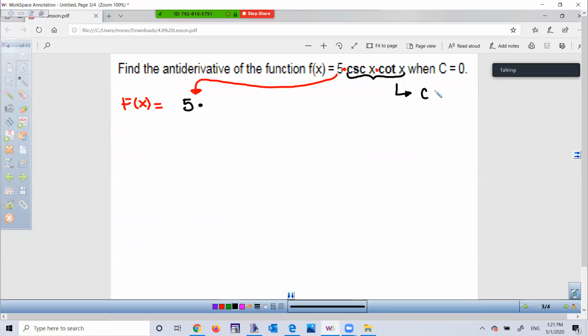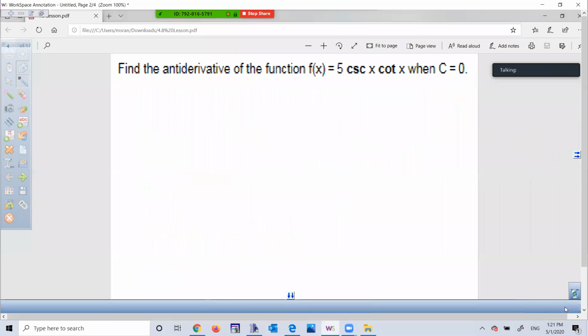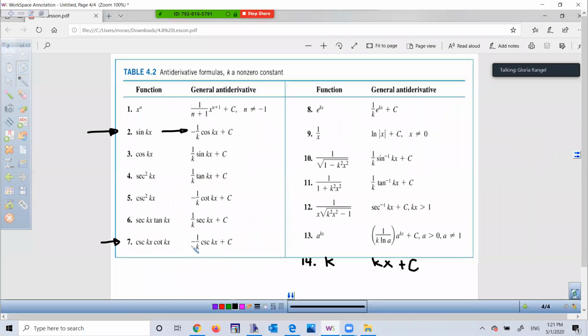So for cosecant of kx times cotangent of kx, what is the antiderivative? How is it going to look like? Here. So the antiderivative is this one, negative 1 over k, multiplied times cosecant of kx plus c.